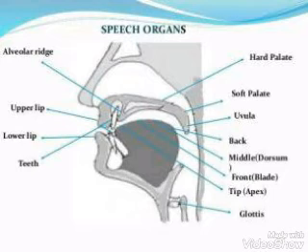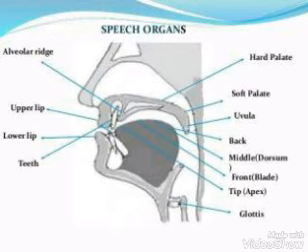When the sound of a word is produced by the tip of the tongue with the curved area of the tooth, such as T. Second, alveolo-palatal sound. The sound produced by the tip of the tongue and the base of the teeth, such as the sound N.